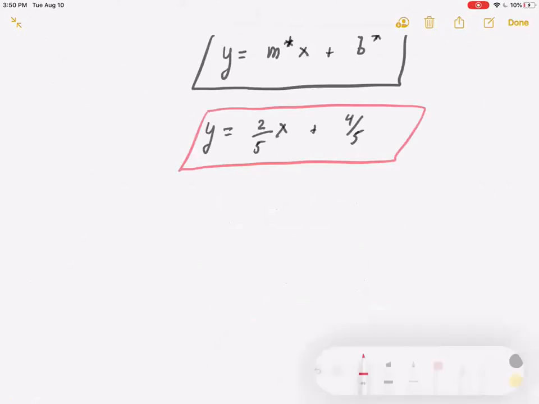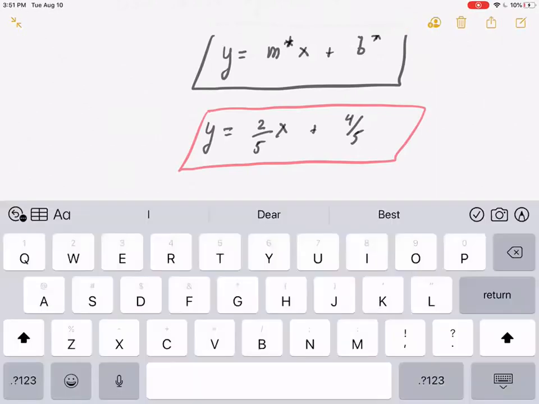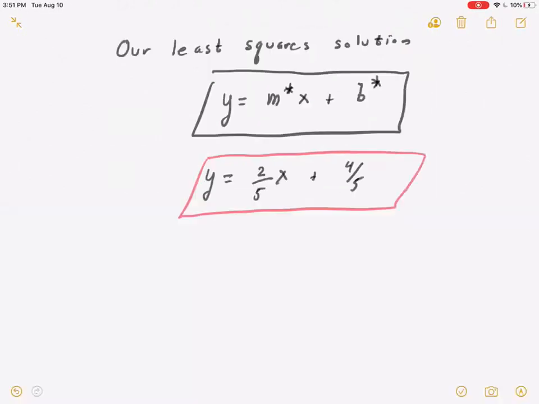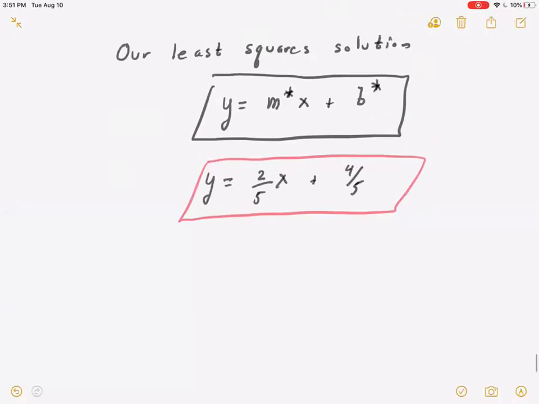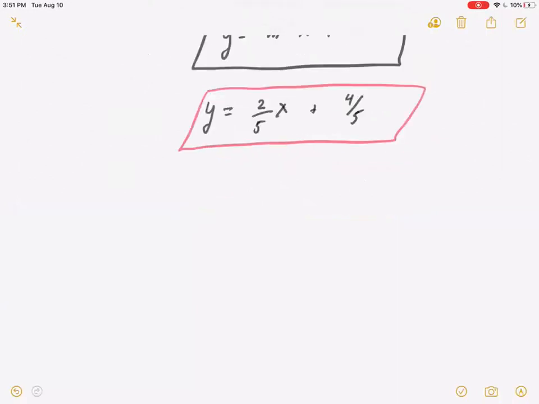So let's go back to the original plot and see if we can graph what's going on. So here's the x-axis, y-axis, here's -1, here's 1, 2.